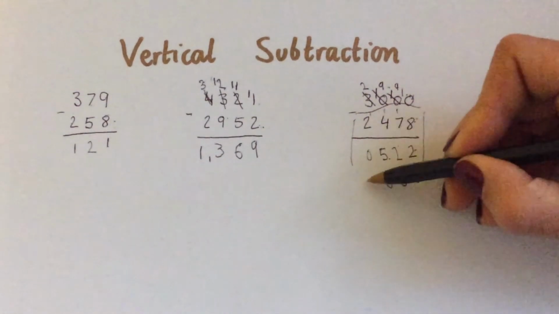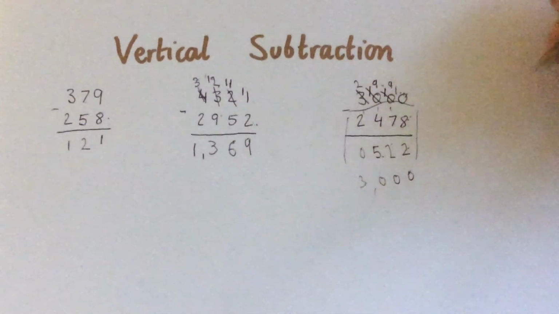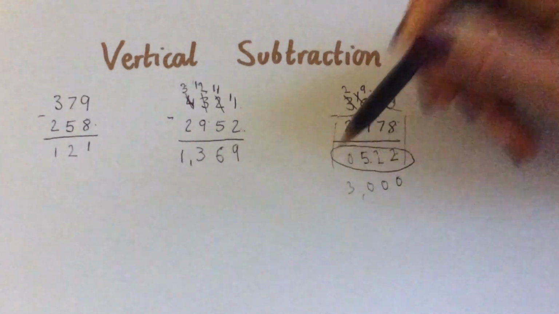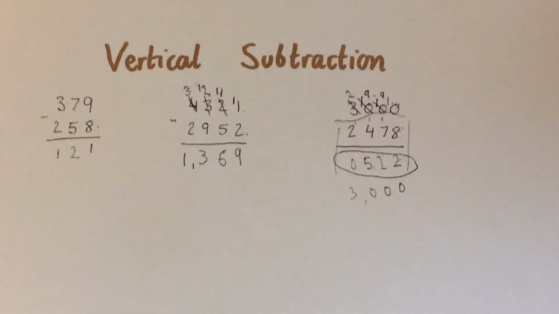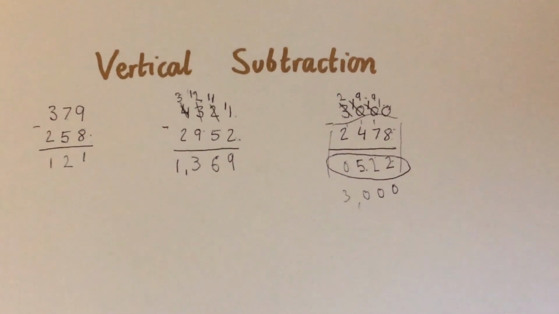And then 2 plus 1 is 3. And so, yep, I got 3,000. So that's a really great way to cross-check to see that you have solved your subtraction problem correctly, especially if you feel more confident with your addition.